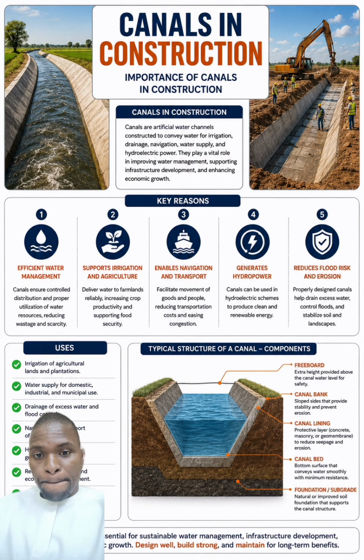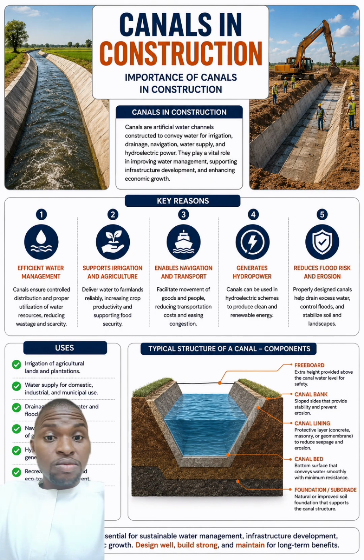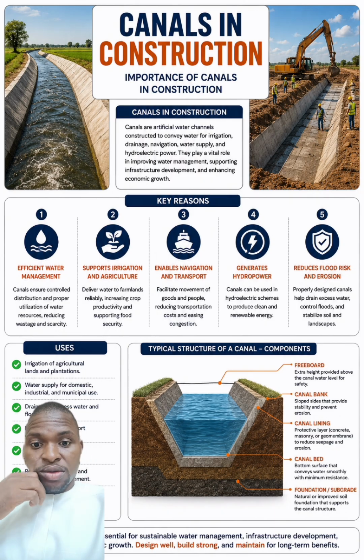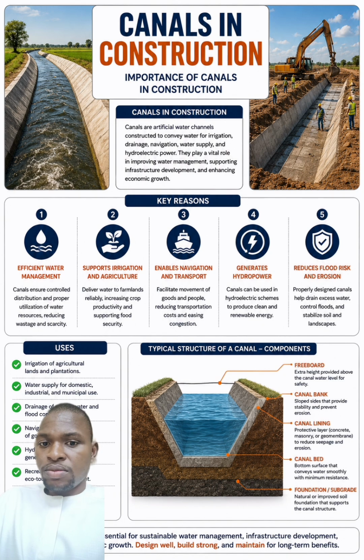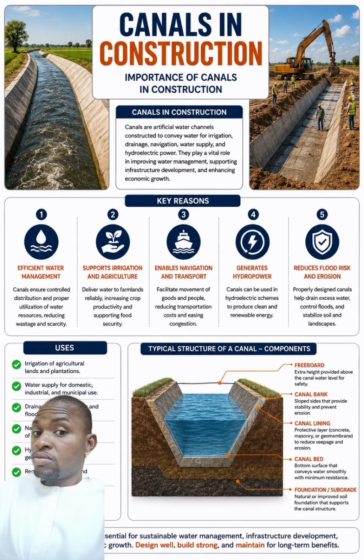Next, support irrigation and agriculture. A canal can sometimes be constructed for agricultural purposes, which supports irrigation. Canals deliver water to farmlands reliably, increasing crop productivity and supporting food security, because the more the productivity, the more the food security.